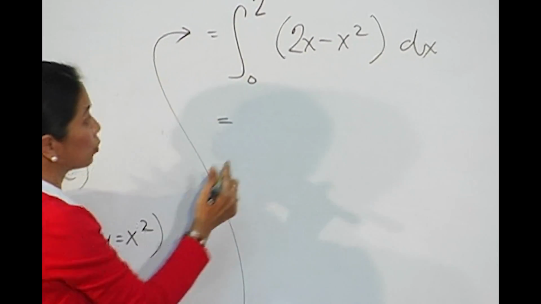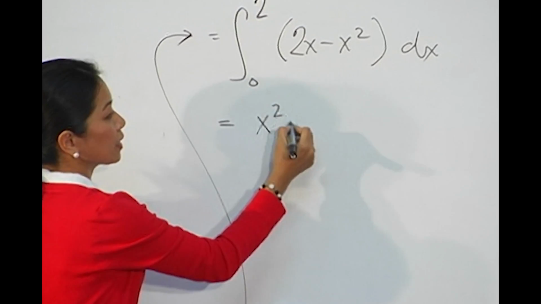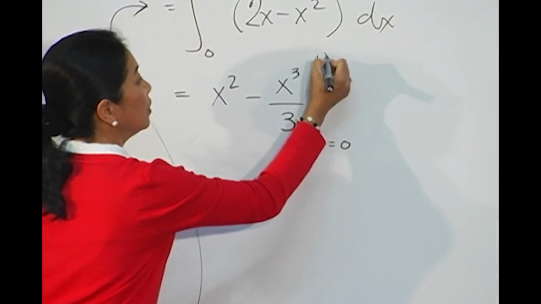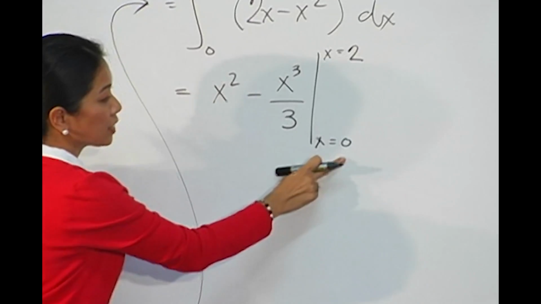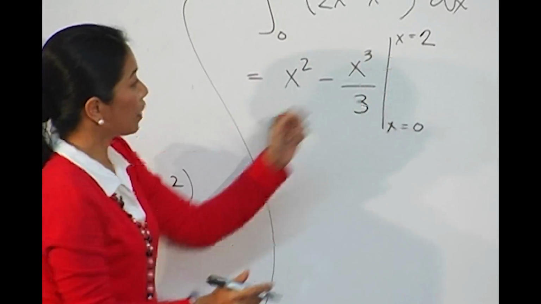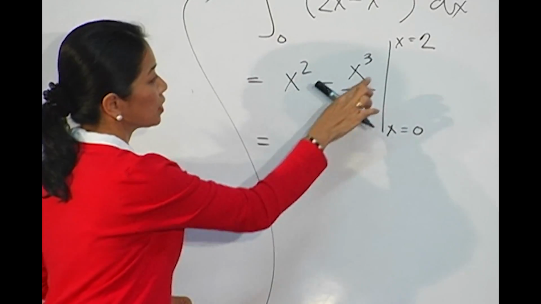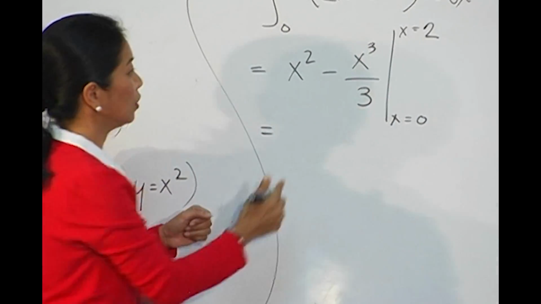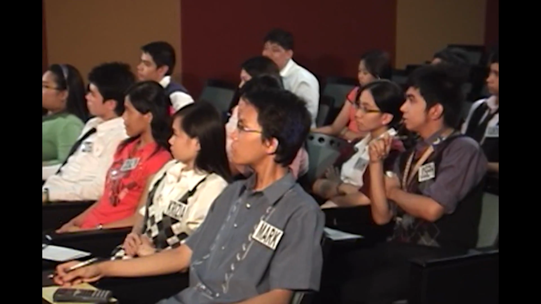We know how to integrate those two expressions. That's x squared minus x cubed over 3, evaluated from x equals 0 to x equals 2. Now, the second value being 0, we can do this in one step. We just evaluate at 2 because these two will just give us 0 when x is equal to 0. So we have 4 minus 8/3, or 4/3.